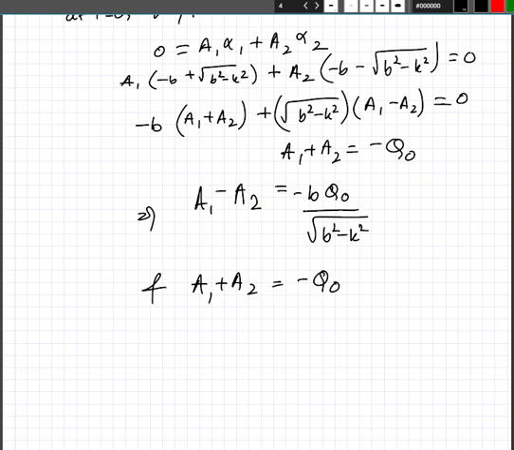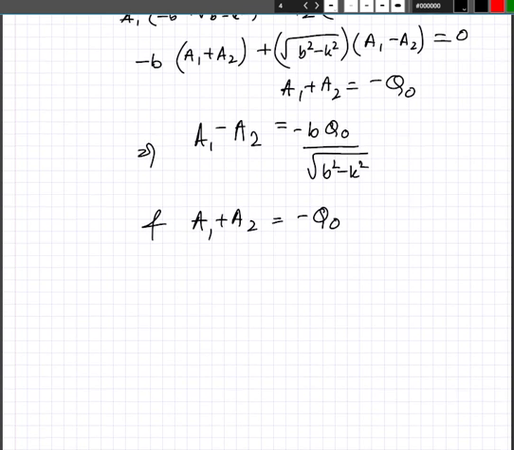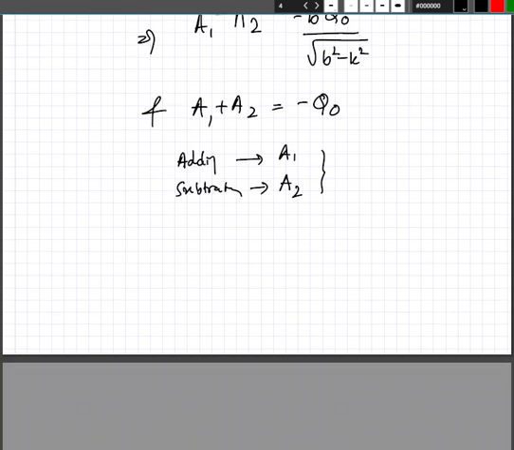You can look at it in the book. So you add those two, and subtracting, adding, you get A1, by subtracting you get A2. You should also do some work, so that's why I'm not doing those steps. So you get A1 and A2.